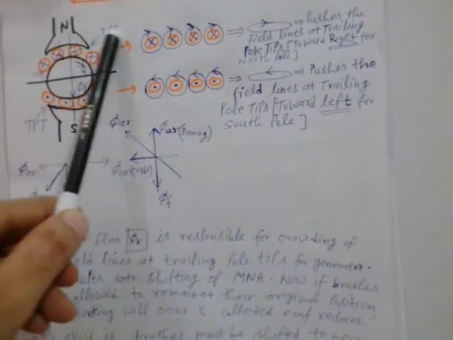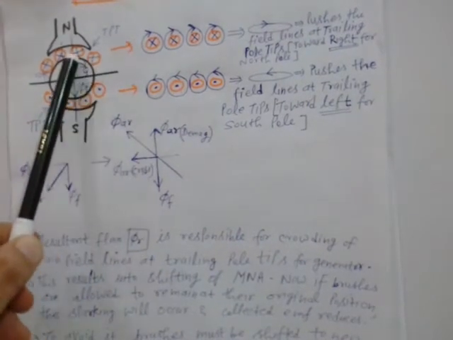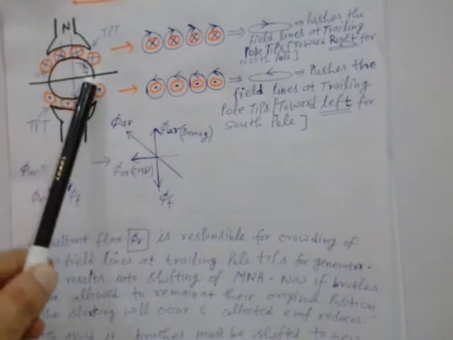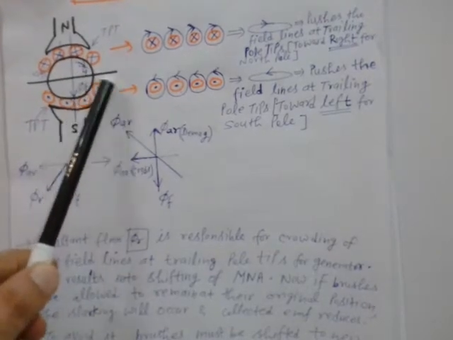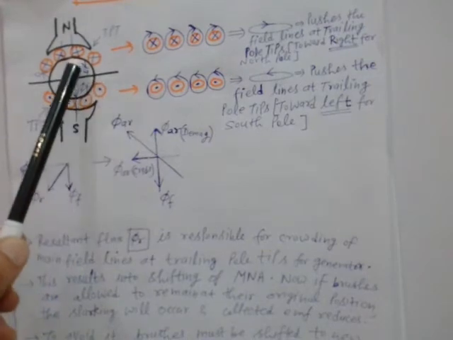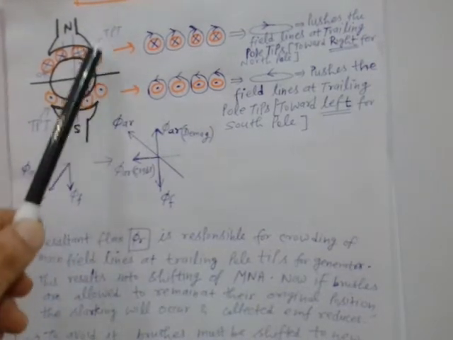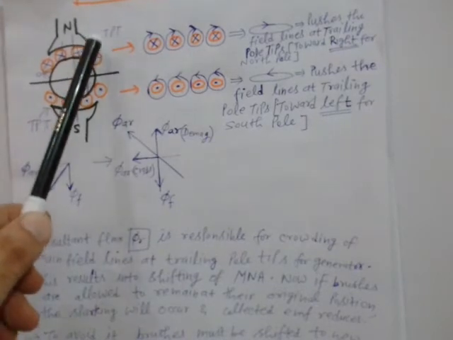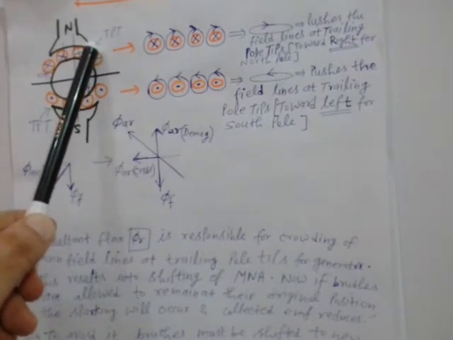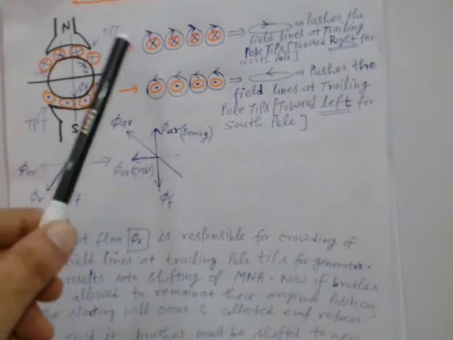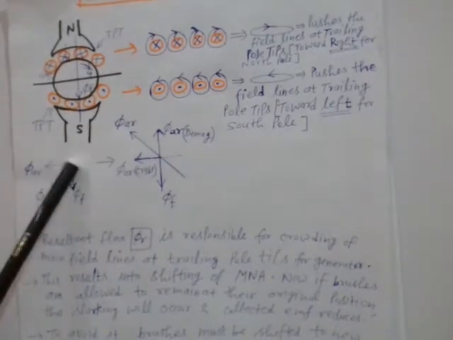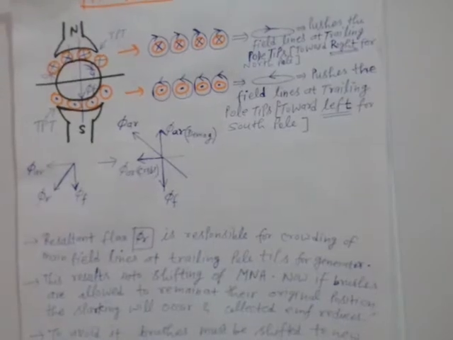TPT stands for trailing pole tips in the direction of rotation of the generator. There will be crowding of main field lines due to this resultant main field flux.